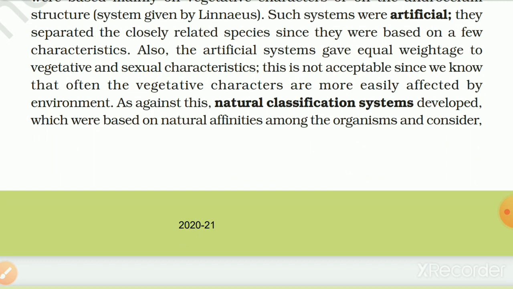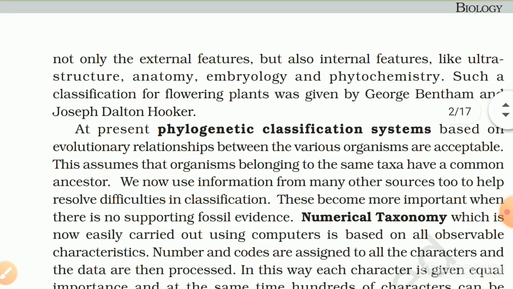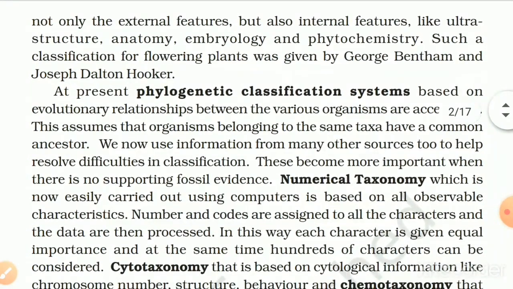As against this, natural classification systems developed, which were based on natural affinities among the organisms and considered not only the external features but also internal features like ultrastructure, anatomy, embryology, and phytochemistry. Such a classification for flowering plants was given by George Bentham and Joseph Dalton Hooker.